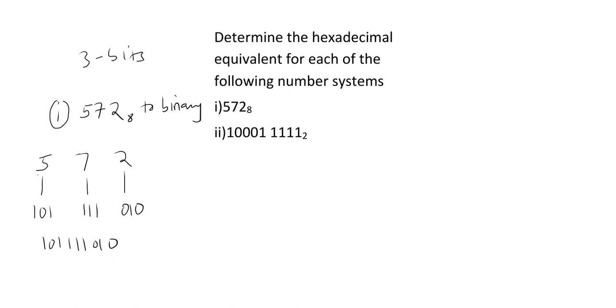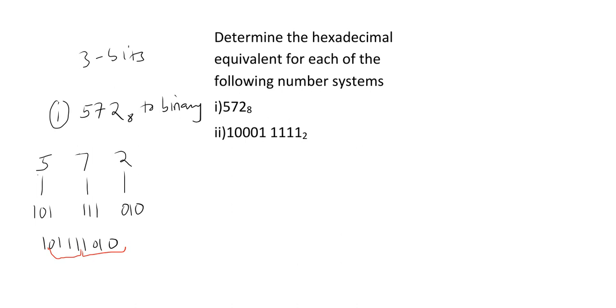So this is binary, so we convert this binary to hexadecimal, and in hexadecimal we normally divide the number in groups of 4. So the first group will be this one. Then we have the second group up to that point.